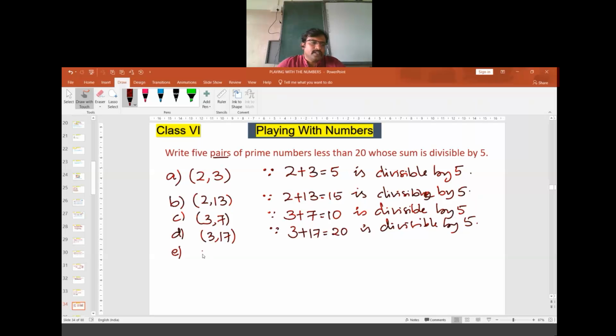Yes, one of your friends says it's 5 comma 5. Both are prime numbers. 5 added to 5 gives 10 and is divisible by 5. Likewise, we can make the combination of two prime numbers such that their sum is exactly divisible by 5.